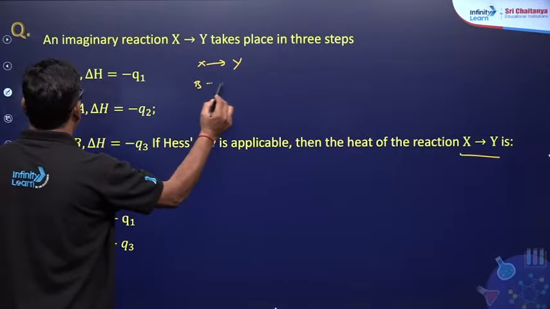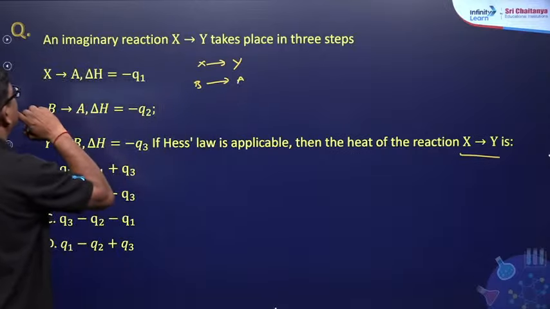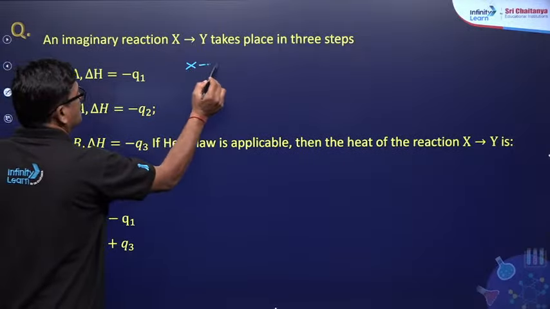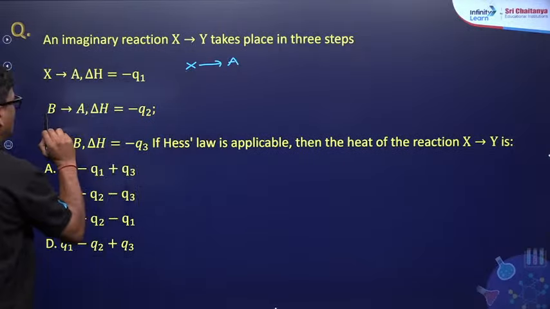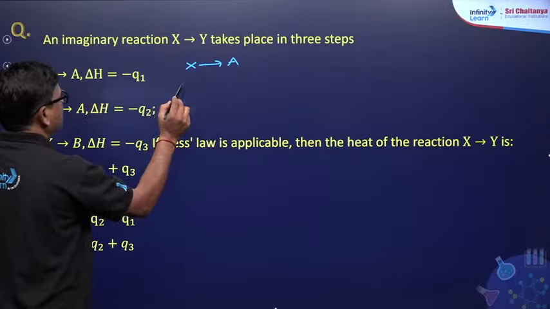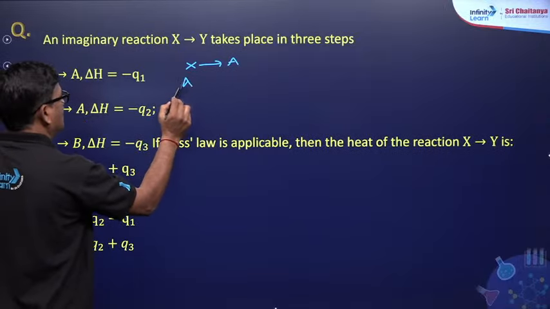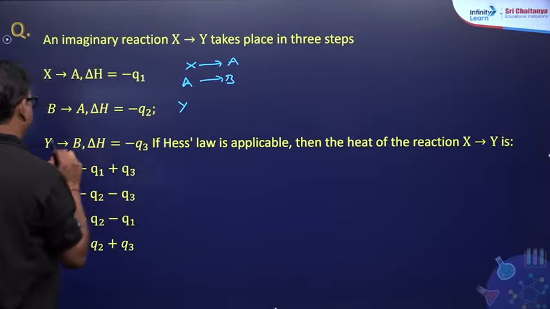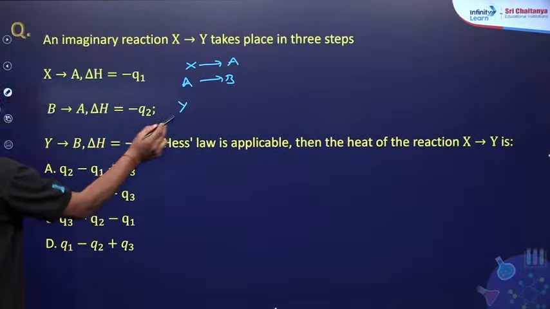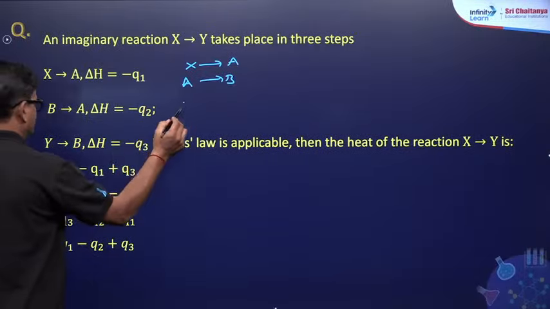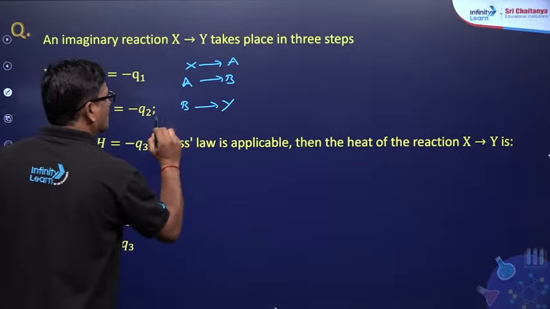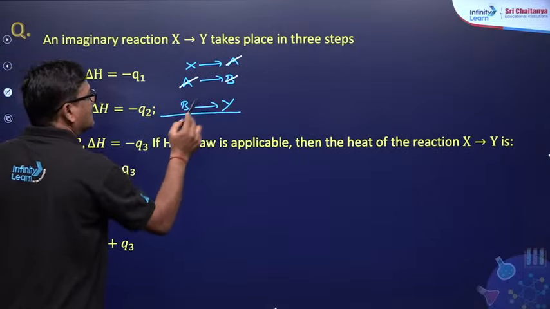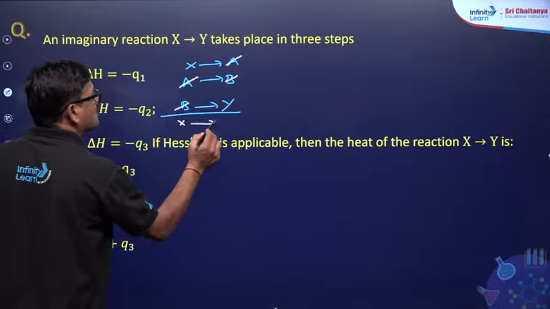X gives rise to A, and B gives rise to A, so let me flip this: A gives rise to B, and Y gives rise to B, so B gives rise to Y. If you add, you are going to see these cancel, so X gives rise to Y.